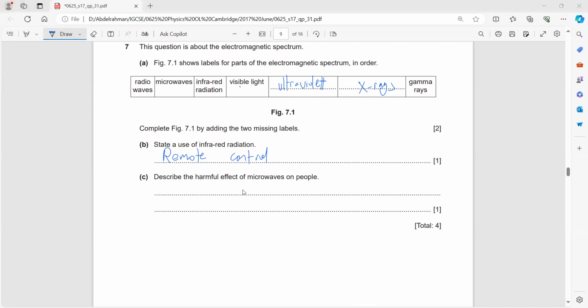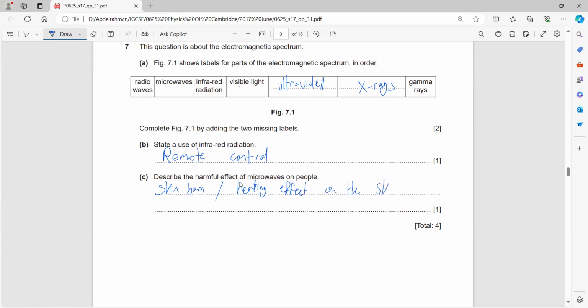Microwaves, like infrared rays, are similar in their harmful effects, in which they can cause heating effects. They can cause skin burns, or you can say heating effect on the skin.